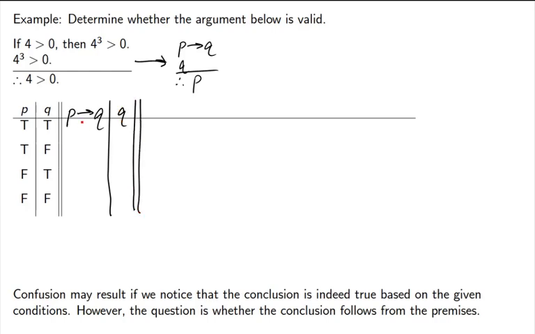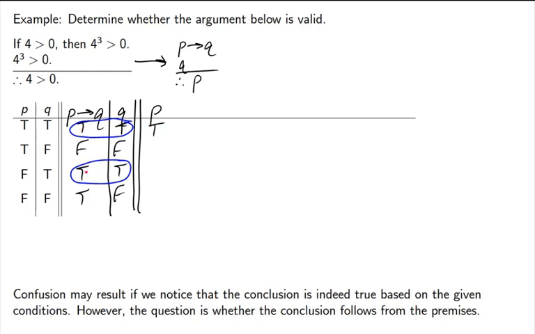P implies Q is again true, false, true, true here. And copying Q, I get true, false, true, false. I'm interested in the places where this is all true. And then we'll look at the conclusion of P in those locations. In this row, P is true.